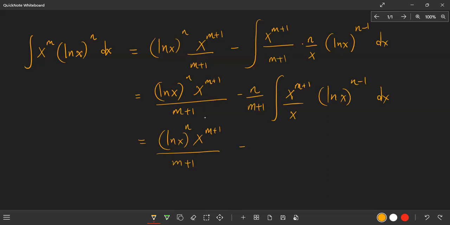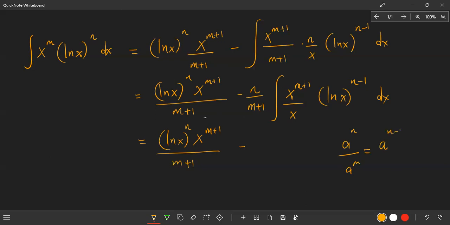Okay, and then minus what do we have here? Pay attention to this here. You have x to the power m plus 1 over x. If you notice very well, you're going to see that this actually can be divided out. You know that every time we have, let's say, a raised to power n over a raised to power m, with different powers, as long as they're the same base, the powers can be subtracted, isn't it?